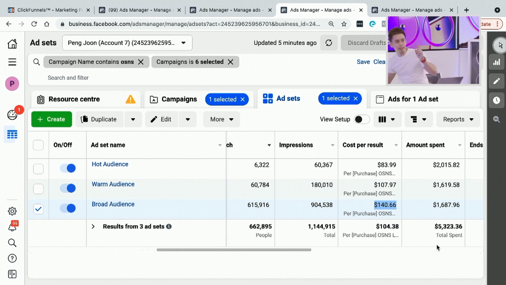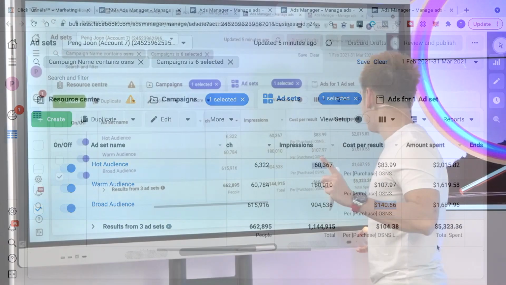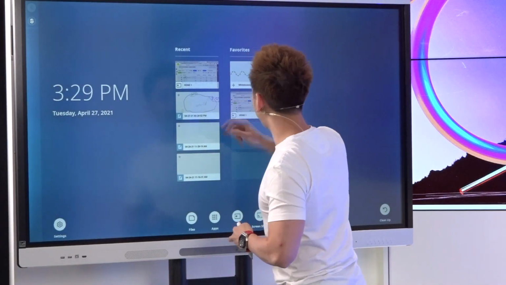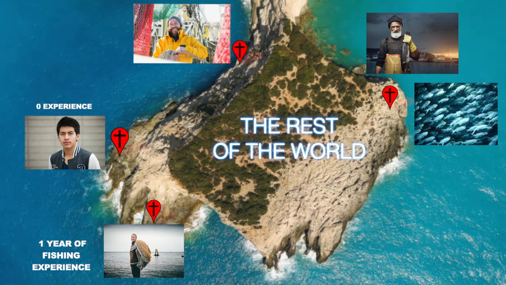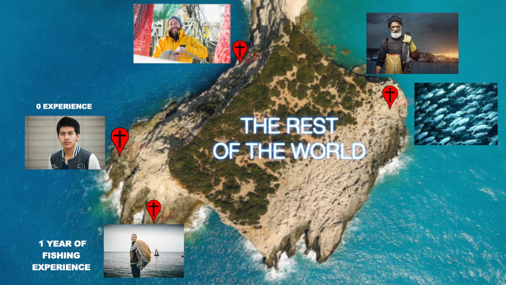Okay, so think of it as now there's a third fisherman that wants to come along and fish. So let's represent this as the third person over here. And he has got zero experience. He is like that intern that has never worked before, 17 years old, fresh off the boat, landing on this island, becoming a fisherman, right?